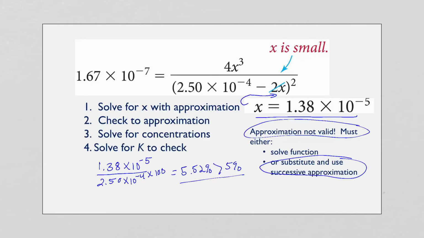And so this is where the successive approximations come in. And so we're going to use that again to solve for this x, and we're going to see what kind of value we get. And the goal here is we can do this multiple times if we need to, but the goal is, do we get the same value of x back? Or do we get a more refined value of x? Okay, so this is the approach we would use.